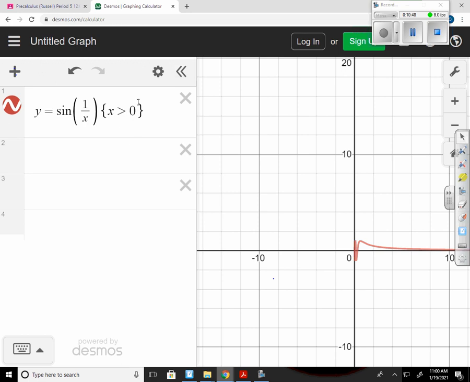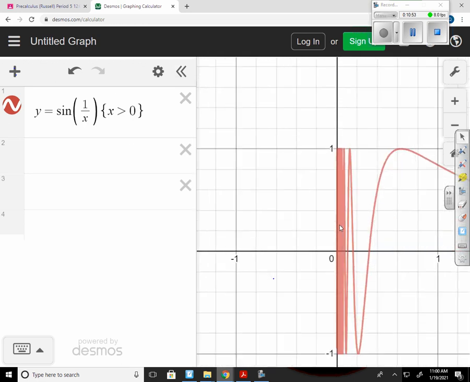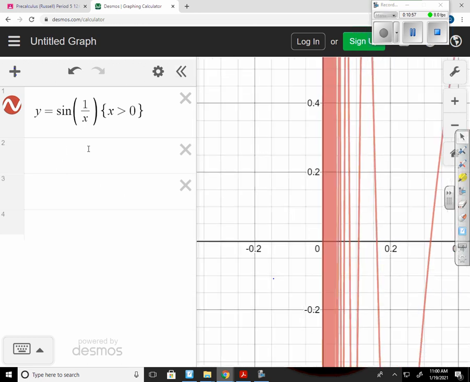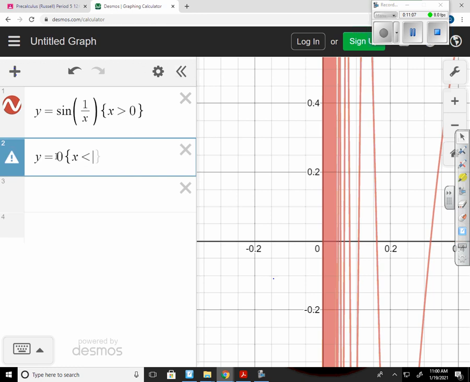Curly brackets around what my interval notation is. And then I can do y equals 0, and then our curly brackets when x is less than or equal to 0. To make that less than or equal to, you just push the less than and then equal to afterwards, and it figures it out for us.